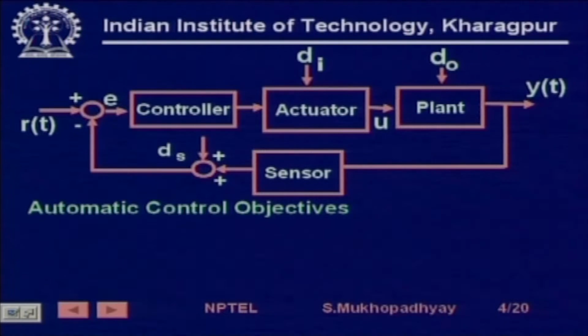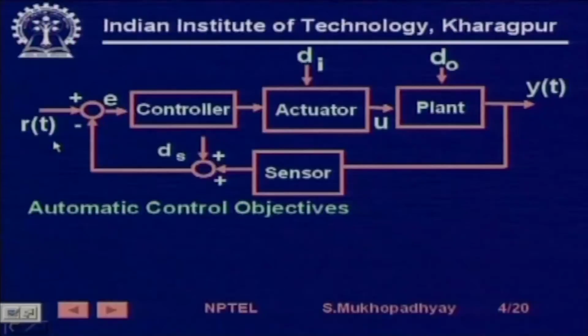Let us first look at the automatic control objectives. What does an automatic control loop basically do? Here is an automatic control loop well known to us, because most of us have already had a course on automatic controls.